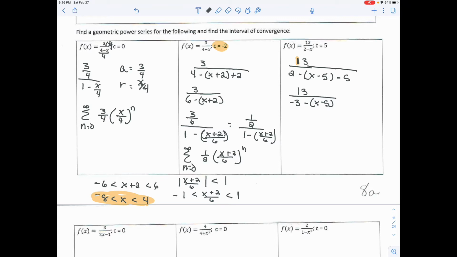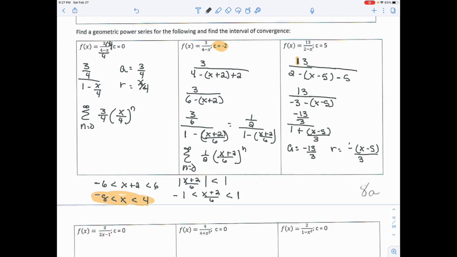Okay, so once again, I need the negative 3 to be 1, so I'm going to divide everything by negative 3, the top and the bottom. When I divide this by a negative 3, it makes it positive. So a is negative 13 over 3, but now r is going to equal negative x minus 5 over 3.